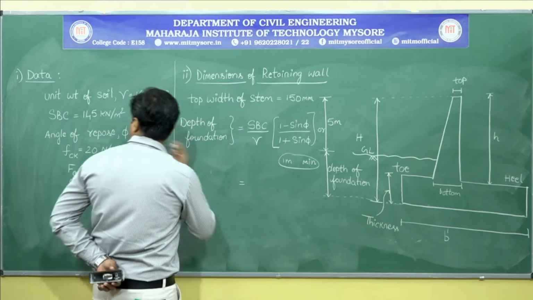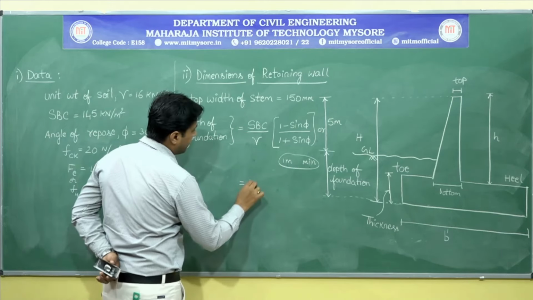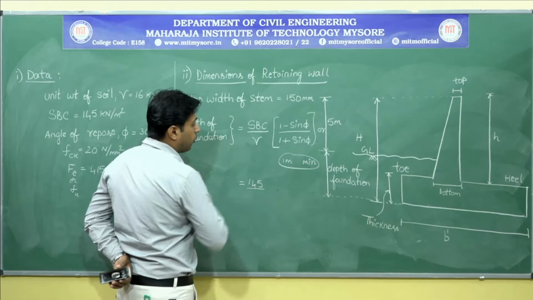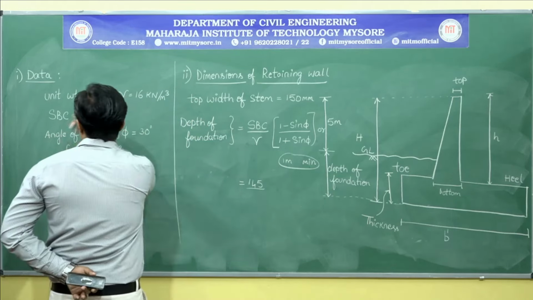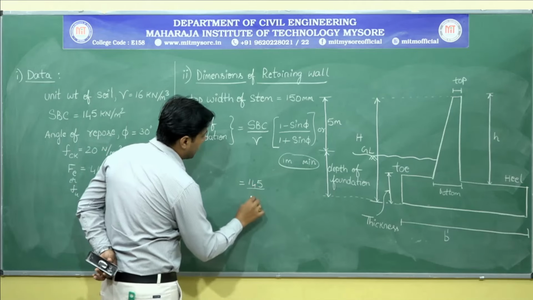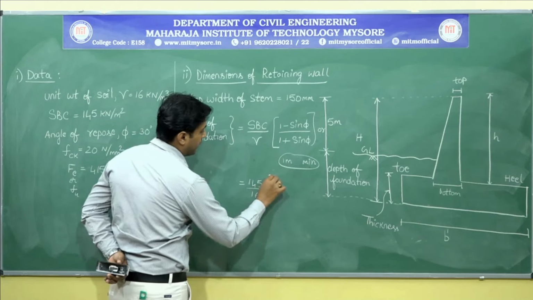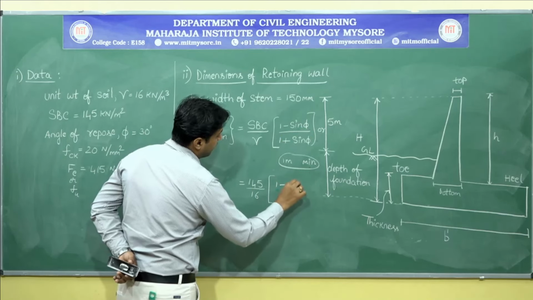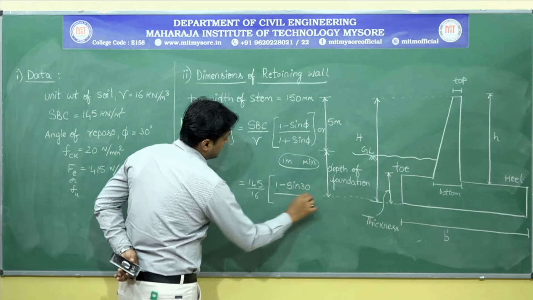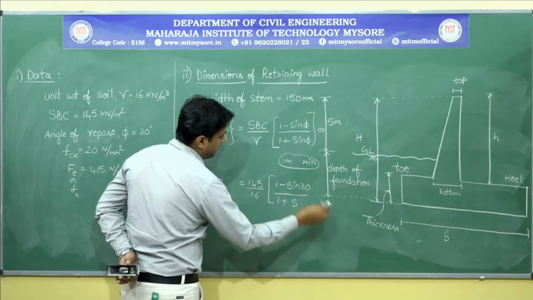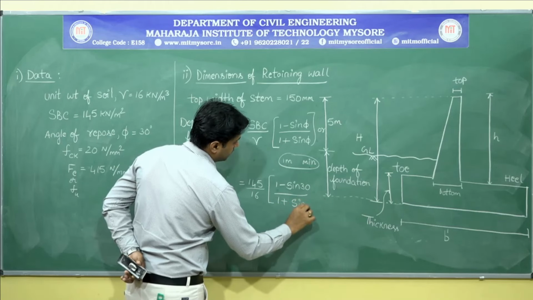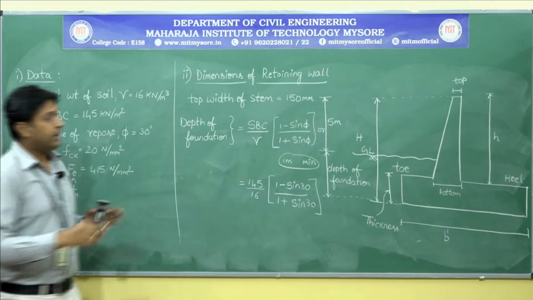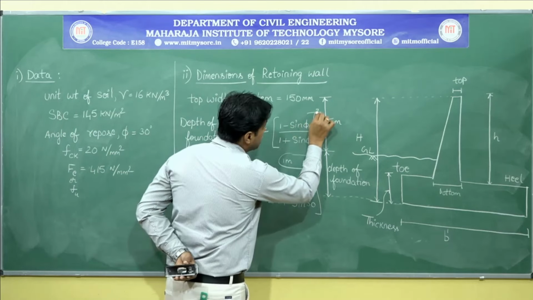SBC they have given, so it is 145 kilonewton per meter square divided by the density. They have given the unit weight of the soil as 16, into 1 minus sine phi, where phi is 30 degree, divided by 1 plus sine phi, and one more thing, it should be the square.